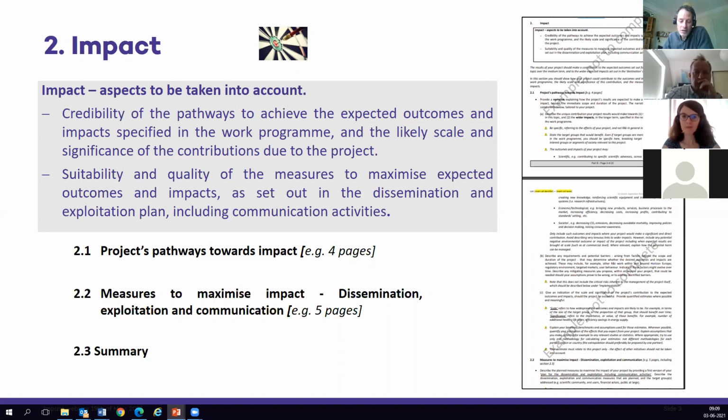This webinar is on the second part, the impact section. This is the part where you need to convince evaluators that you will be delivering the impact that is expected for the topic that you're applying for. That impact can be scientific, societal, economic, etc.